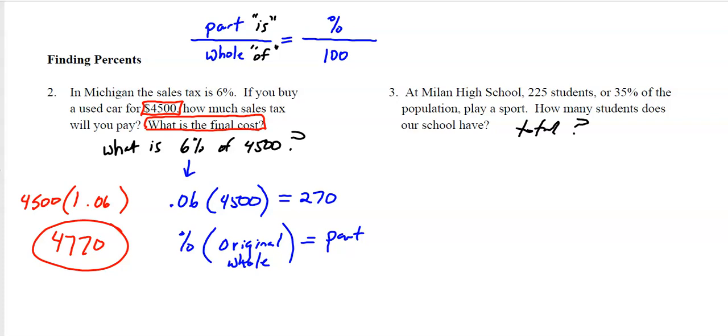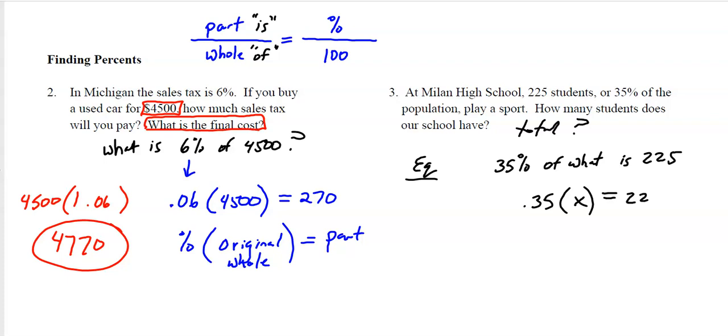So if I want to use the equation, so here would be the equation model, I say, well, 35% of what is 225? So I'm like, all right, if I knew how much it was out of, I would go 0.35 times, problem is, I don't know the total schools, but I do know the part.